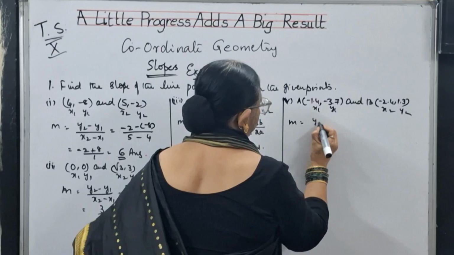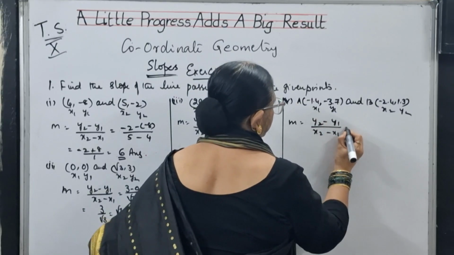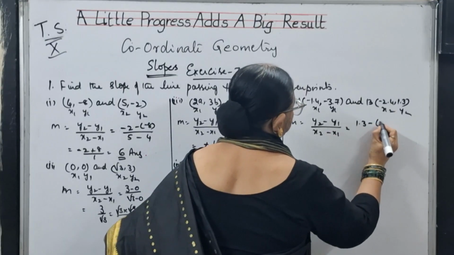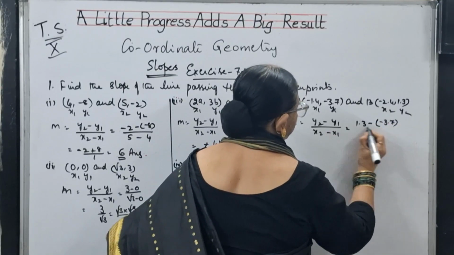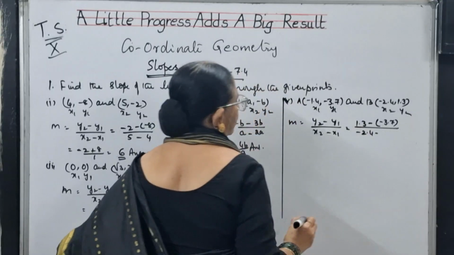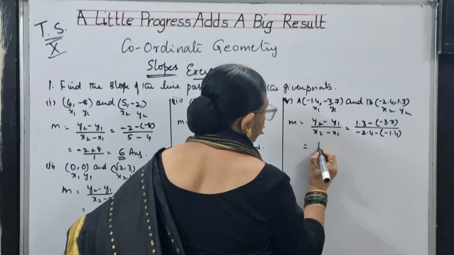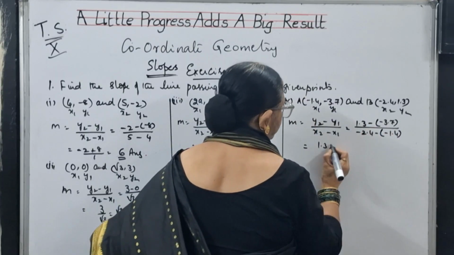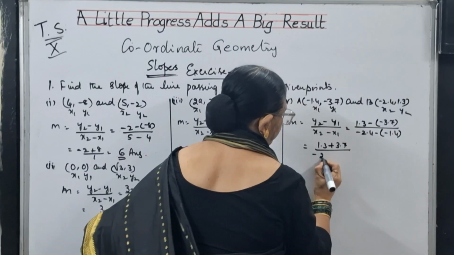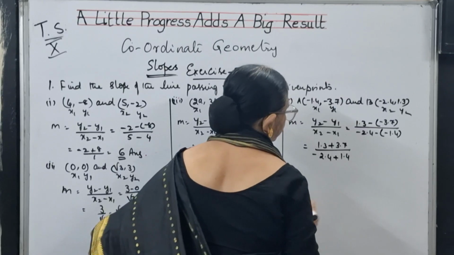Slope is equal to y2 minus y1 by x2 minus x1. y2 is 1.3 minus y1 minus 3.7, by x2 minus 2.4 minus x1 minus 1.4. So this is nothing but 1.3 minus into minus plus 3.7 by minus 2.4 minus into minus plus 1.4.